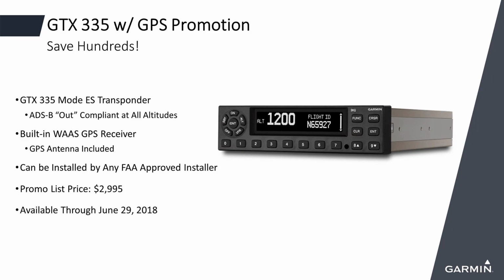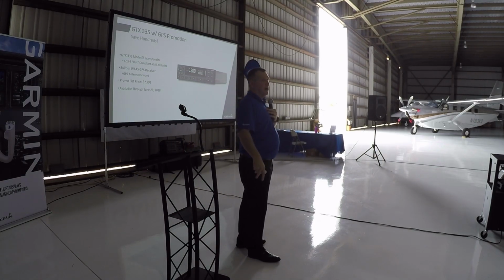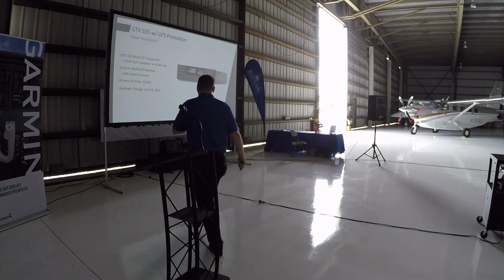Just a quick reminder, we have a promotion on the GTX 335. That's our ADS-B out-only transponder. It's a little brother product of the 345. So this takes care of out compliance. It's controllable through the GTN, and it is a good solution if you just want a minimally invasive solution.